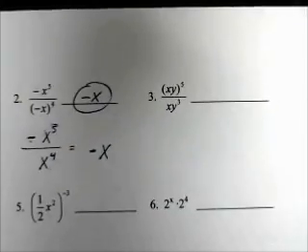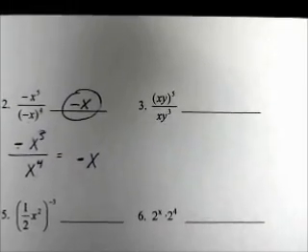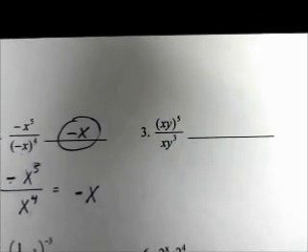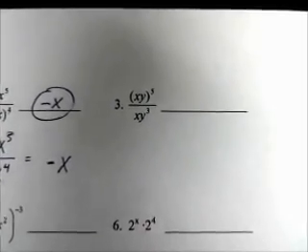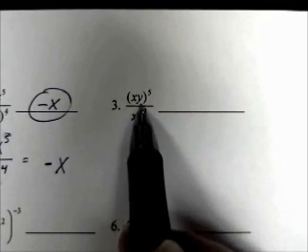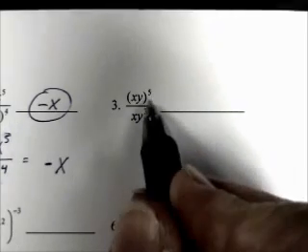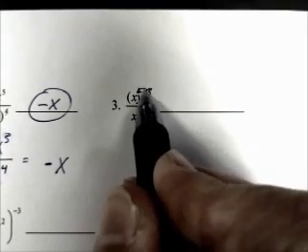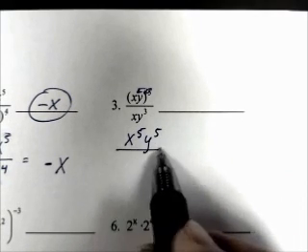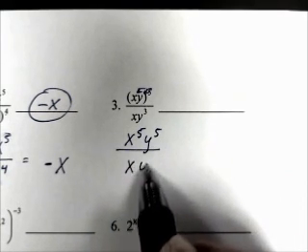Number 3, we have a product raised to a power here. We'll distribute that power. So we have x to the 5th, y to the 5th, divided by x, y to the 3rd.